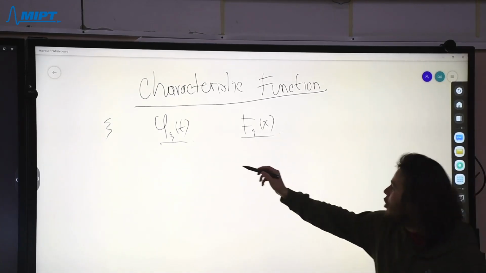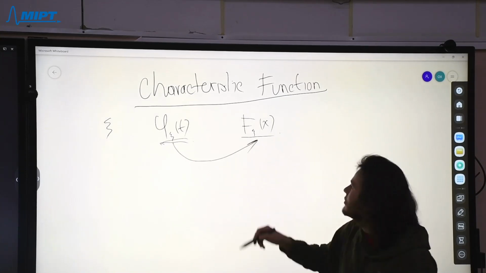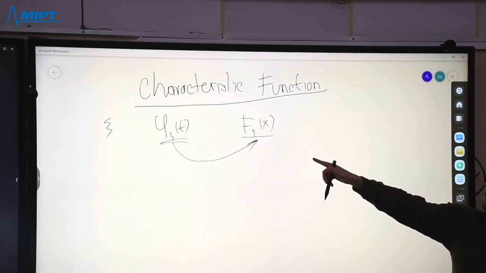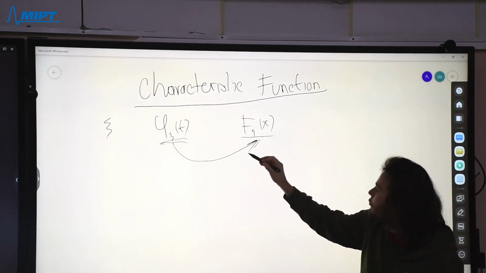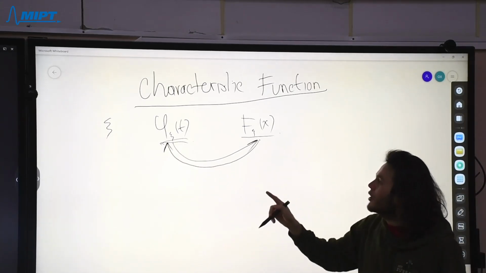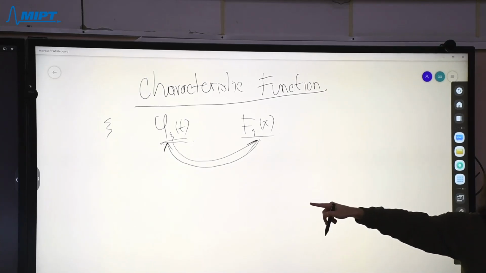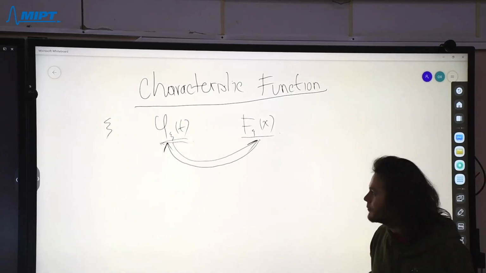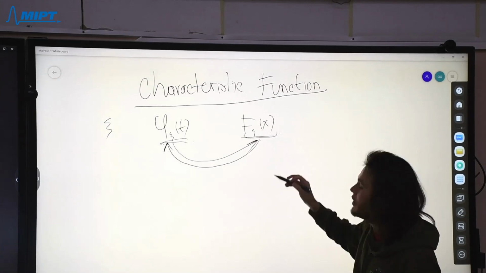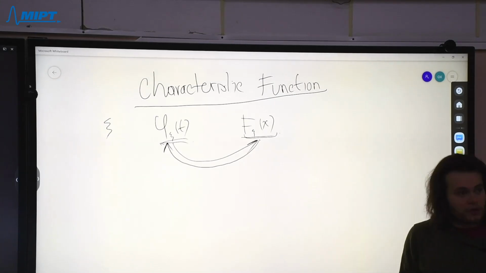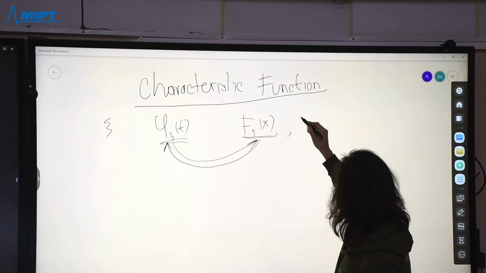And if we know this, we can get this, right? If we know the characteristic function, then we can get the CDF. And if we know the CDF, then we can get the characteristic function. Why? Because if we have the CDF, for example, and if Psi is absolutely continuous, then we know that there is some PDF.